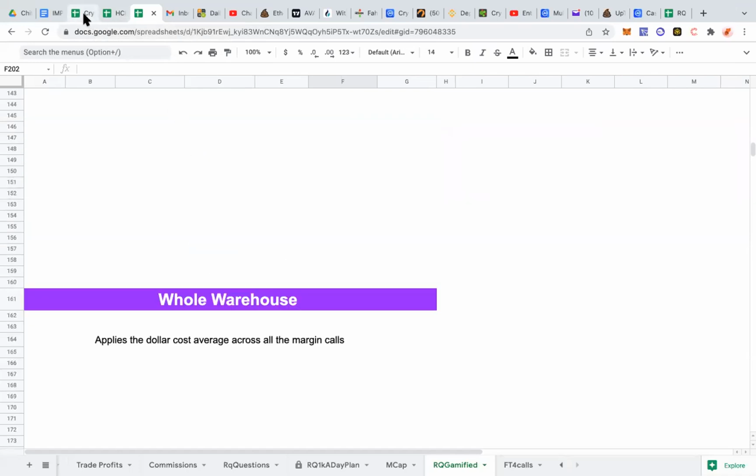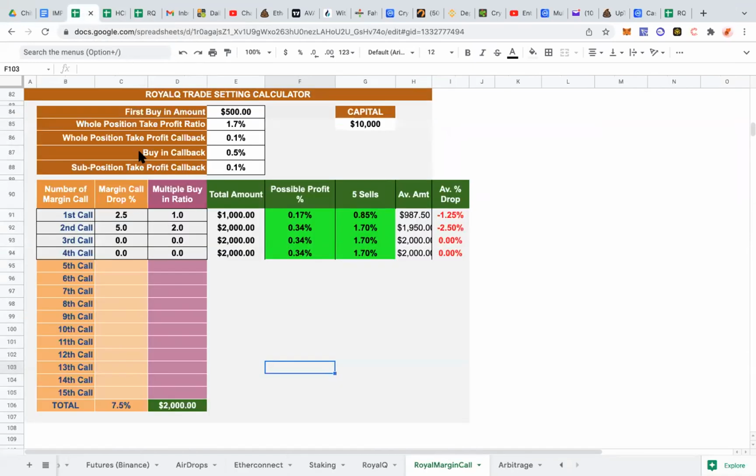Recall what I showed you here. If you will only have just one sell from the first buy amount, it will give you around 0.1% of your capital.